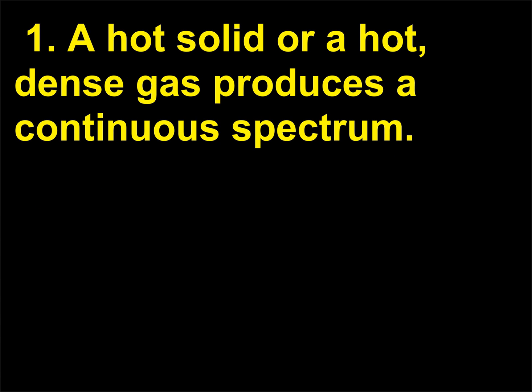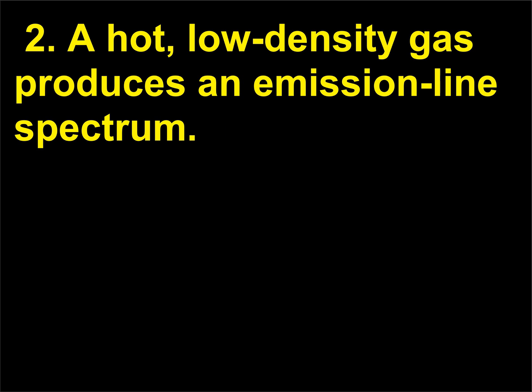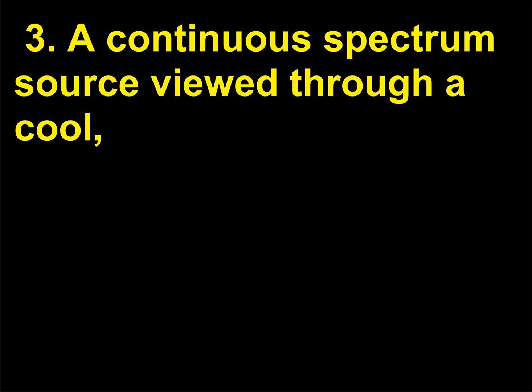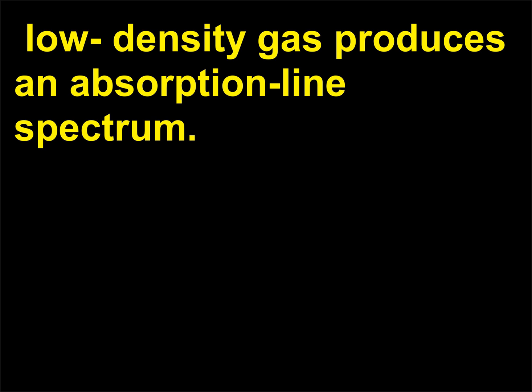A hot solid or a hot, dense gas produces a continuous spectrum. 2. A hot, low-density gas produces an emission line spectrum. 3. A continuous spectrum source viewed through a cool, low-density gas produces an absorption line spectrum.